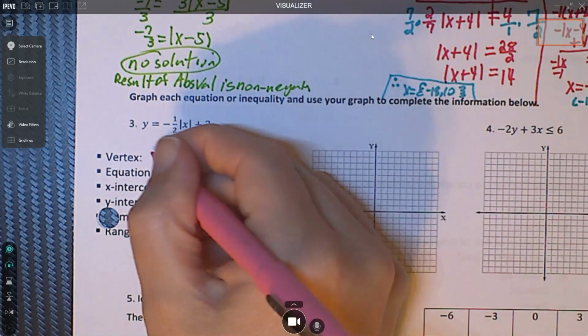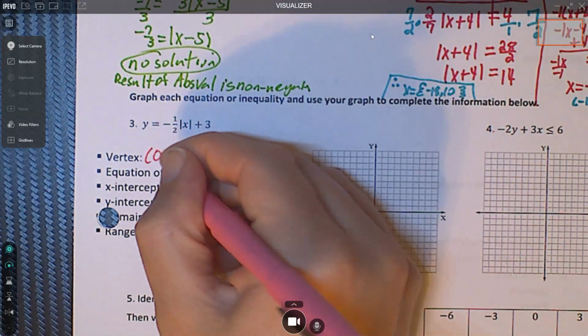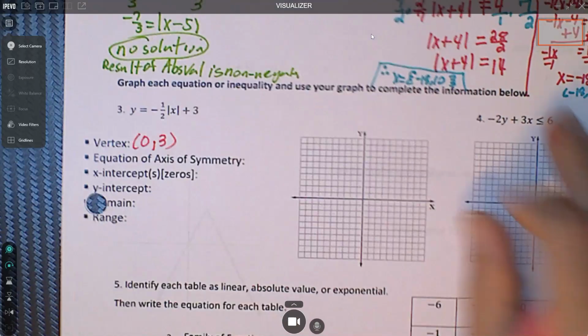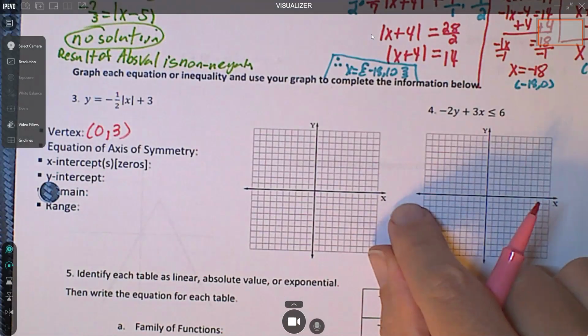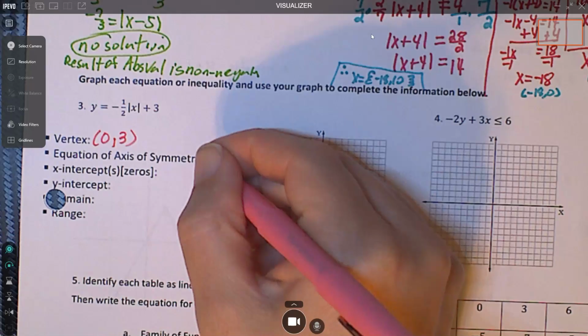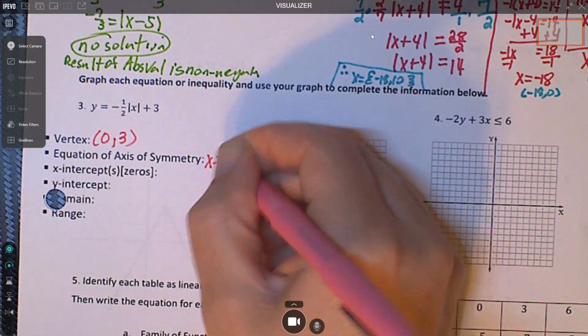The vertex is 0, 3. Okay, axis of symmetry. Hey, that's that good old y-axis.